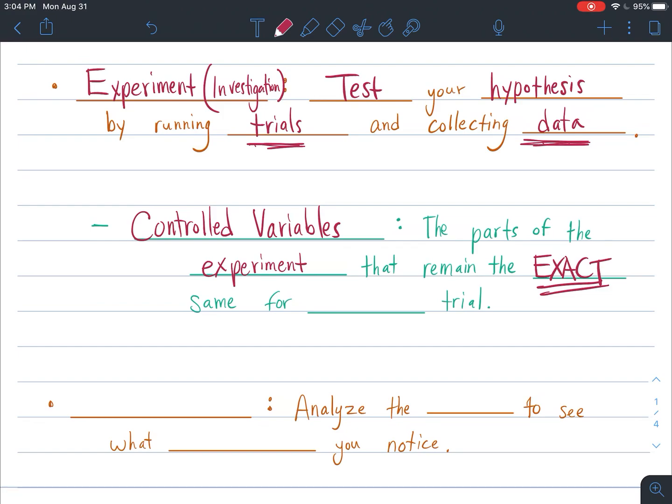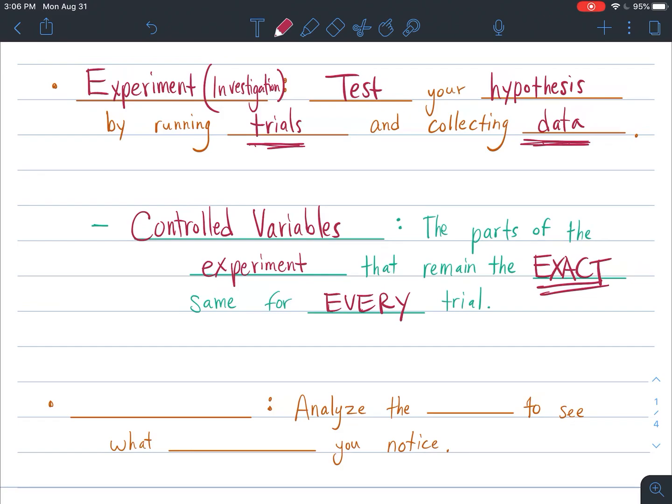So for an example, if you did a different airplane design each trial, then we would be messing with too many variables. We would be not only changing the type of paper, but we'd also be changing the design. So a controlled variable is things that we don't change. It's the things that are the exact same for every trial.